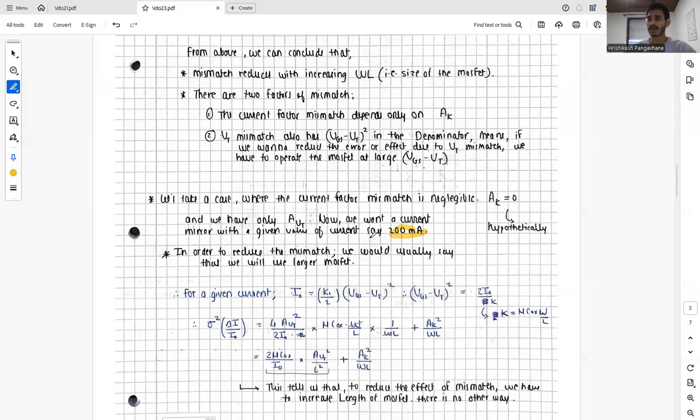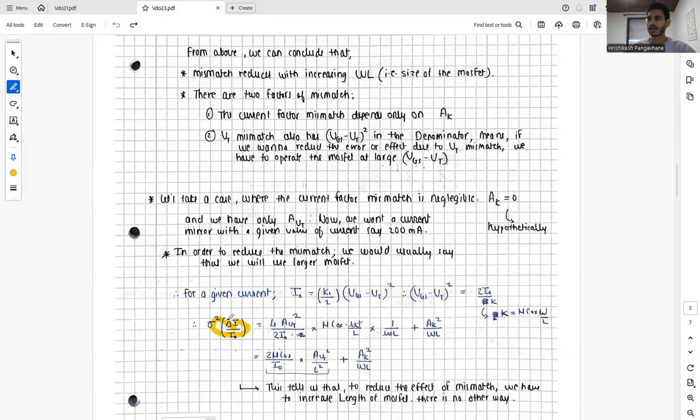But for a given current I naught, this is a square law model, and (Vgs minus Vt) square is nothing but 2 I naught by K, where K is nothing but mu Cox multiplied by width by length.